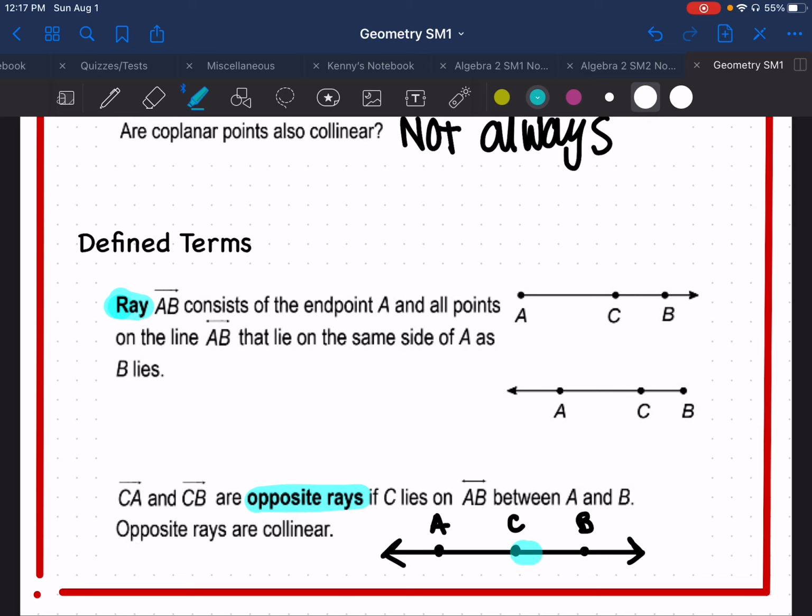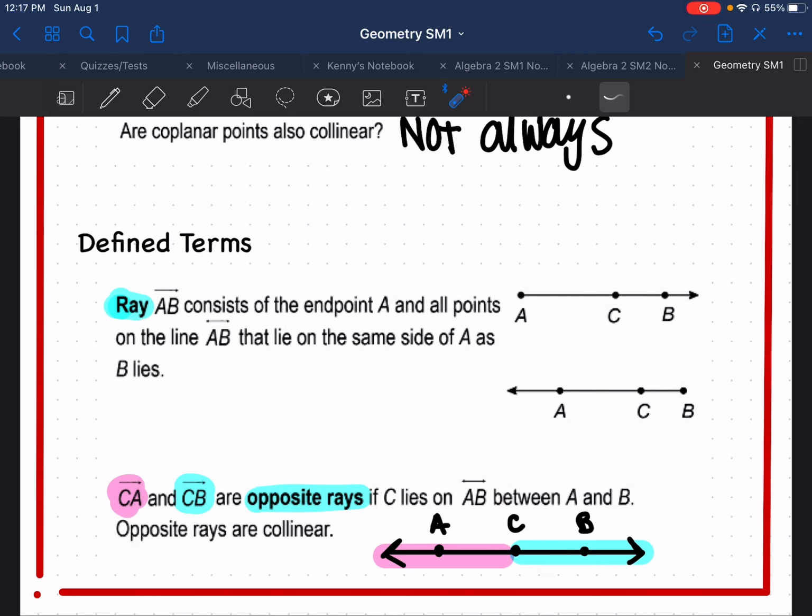I have a ray going this way, which is this one. And then I have a ray going this way, which is this one. And notice, if I were to highlight them all together, these 2 colors are making my line. So that is what opposite rays are.